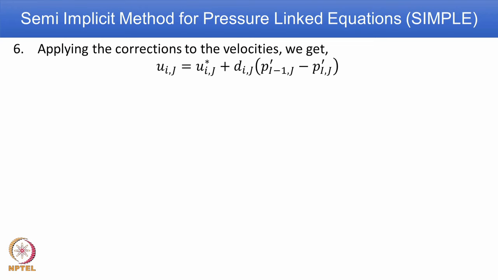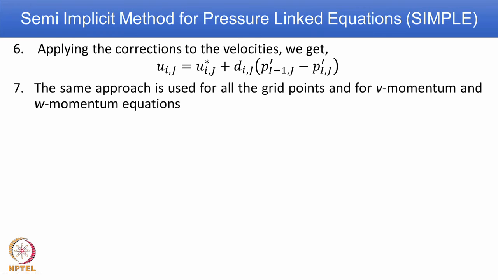Now, we get the corrected velocity as shown here: u I comma j, that is the corrected velocity, equal to the guessed value, that is u star, plus the correction in the velocity as shown here. We follow this procedure for all the grid points and also for velocity components v as well as w.